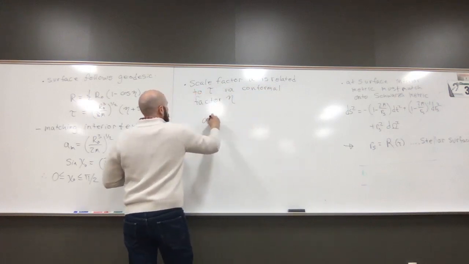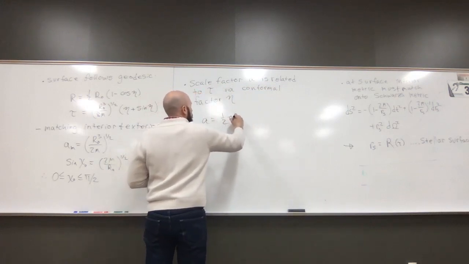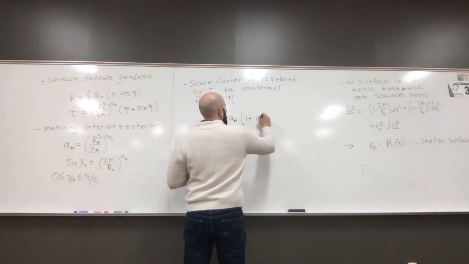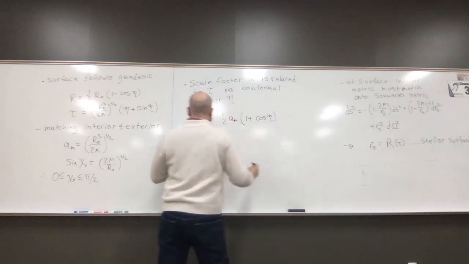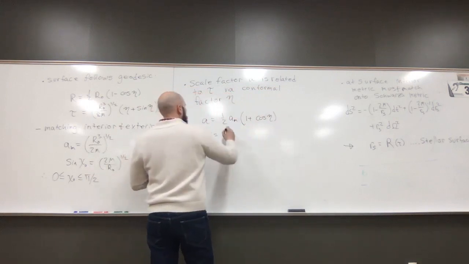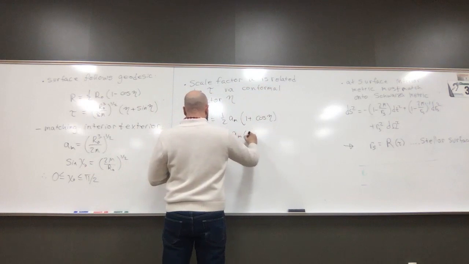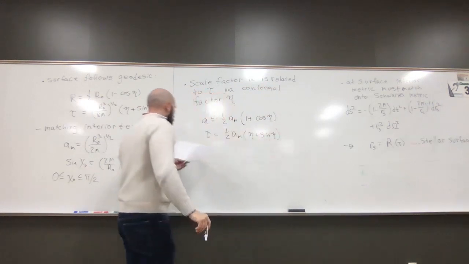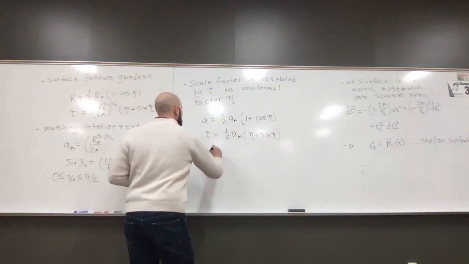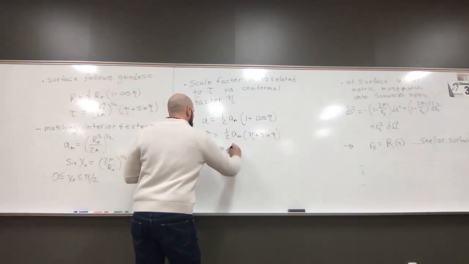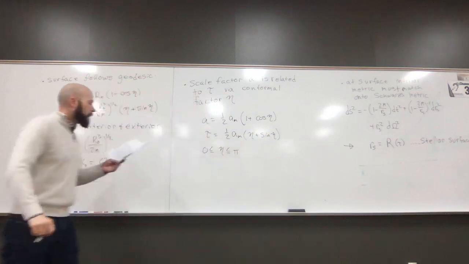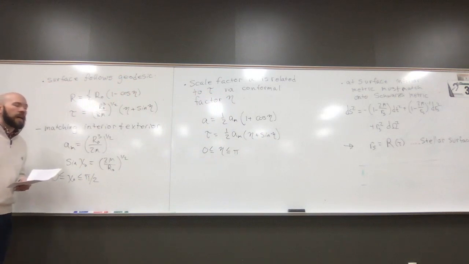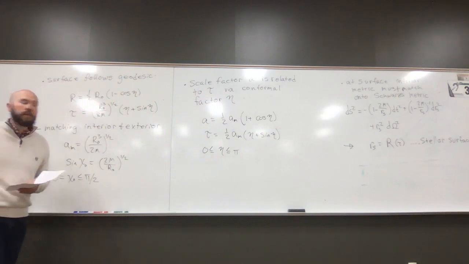The scale factor is 1/2 a_m, which is a constant that we'll solve for, times 1 plus cosine eta. And tau is equal to 1/2 a_m times eta plus sine eta, with 0 less than eta less than pi. Those are our definitions for the scale factor and tau in the Friedmann metric that we're using in the interior.